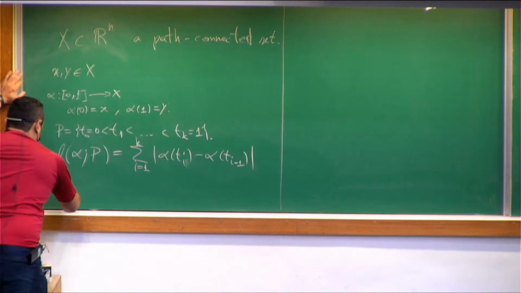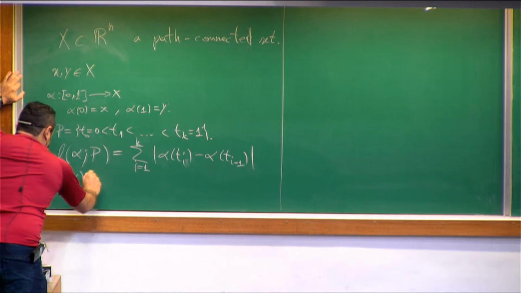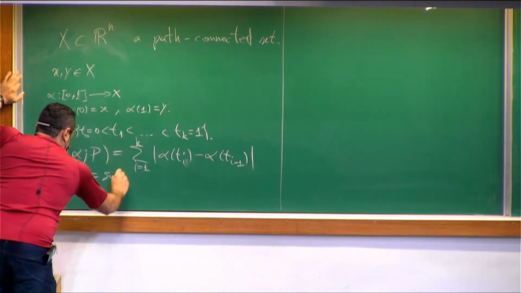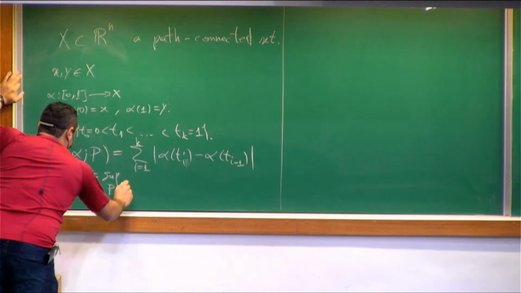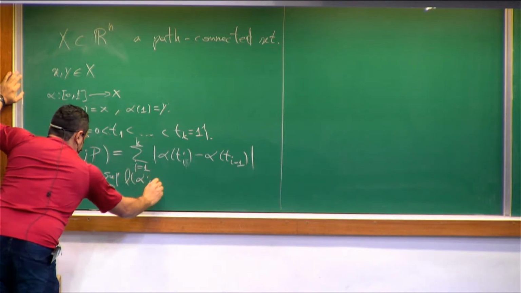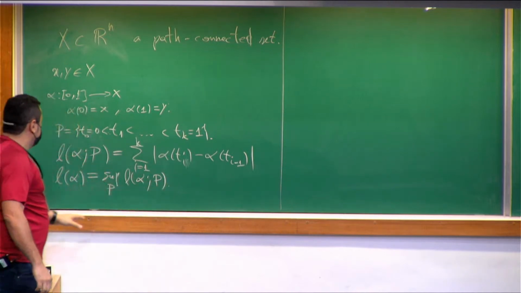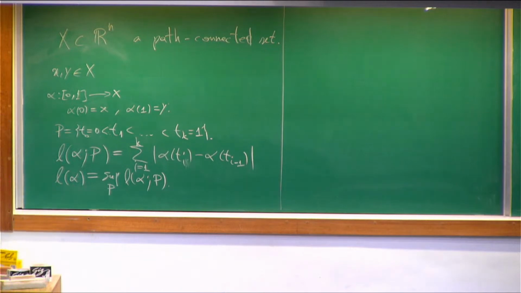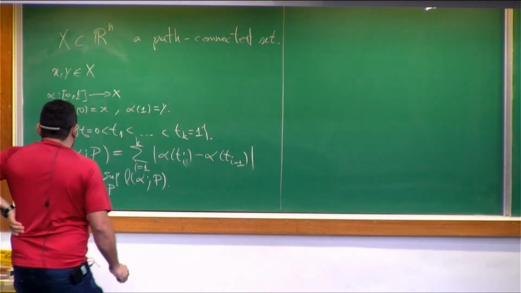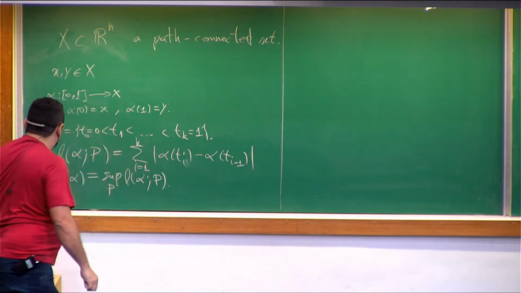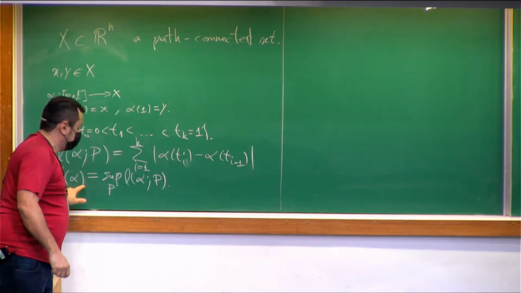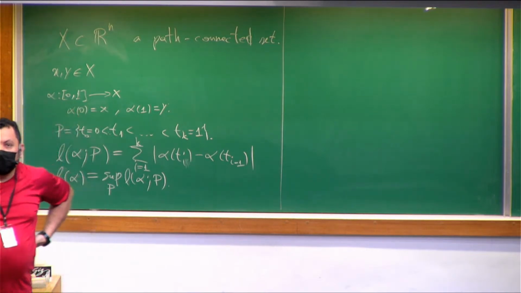And then we define the length of alpha to be the sup over all partitions P of L(alpha, P). In fact, this can be infinity. We say that a curve is rectifiable when this number is finite.